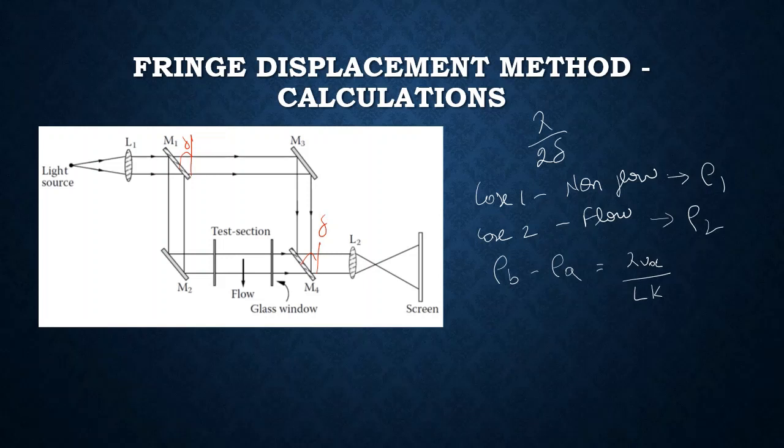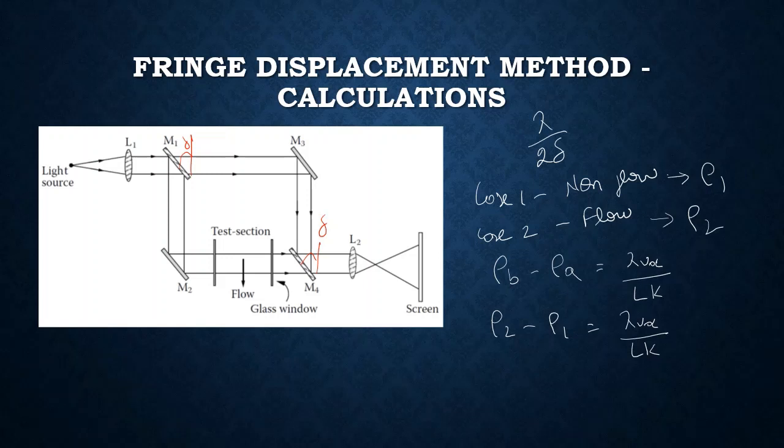But for the fringe displacement interferometer, you are considering the same equation, but the cases here are completely different. Here you have rotated the beam splitter, and you are measuring in two cases. That is, in the non-flow case, what is the density? In the flow case, what is the density? So the same density differences are taken into account for this fringe displacement method.